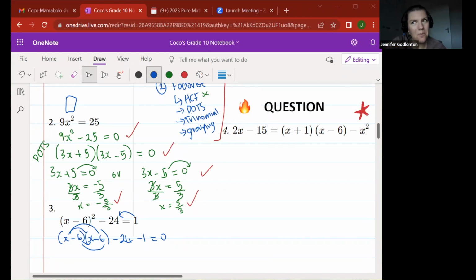Oh, sorry, ma'am. Aren't you going to have to end up simplifying it again? You know how you're going to multiply out the bracket that's been squared? Yeah, like FOIL. Okay, sure, then that's done. And then when you simplify it, aren't you going to have to simplify it again?